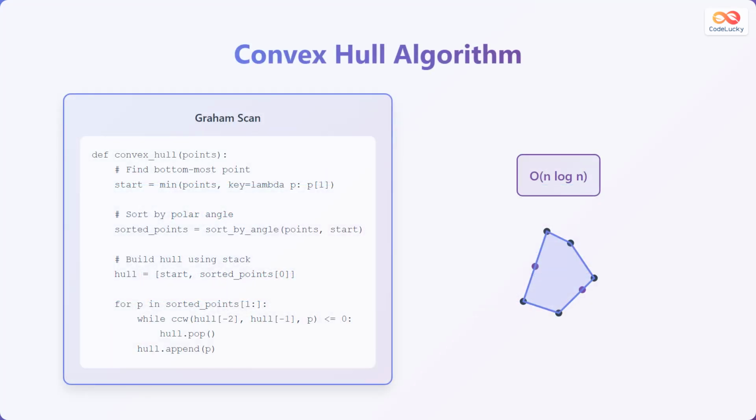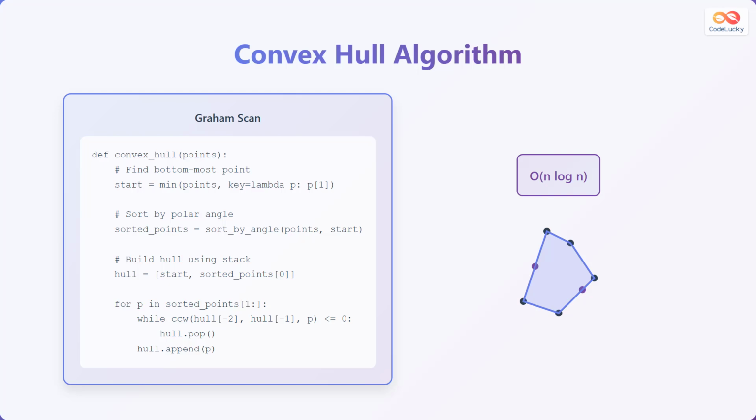Let's delve into a specific geometric algorithm, the Graham scan for finding the convex hull of a set of points. The Graham scan algorithm efficiently computes the convex hull in O(n log n) time. The code begins by first locating the bottommost point. The points are then sorted by their polar angle relative to the starting point. The hull is built incrementally using a stack.